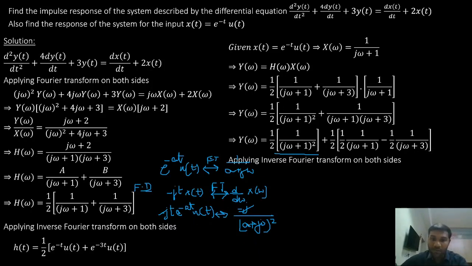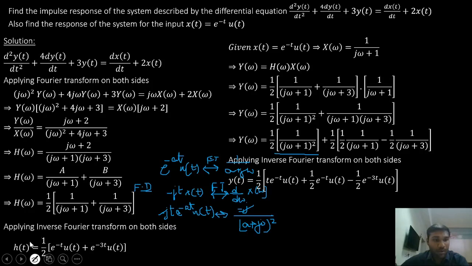Here, in place of a, if I substitute 1, it is 1 by (a plus j omega) whole square. What is the inverse of this? It is t into e power minus t u of t. That is my first term.